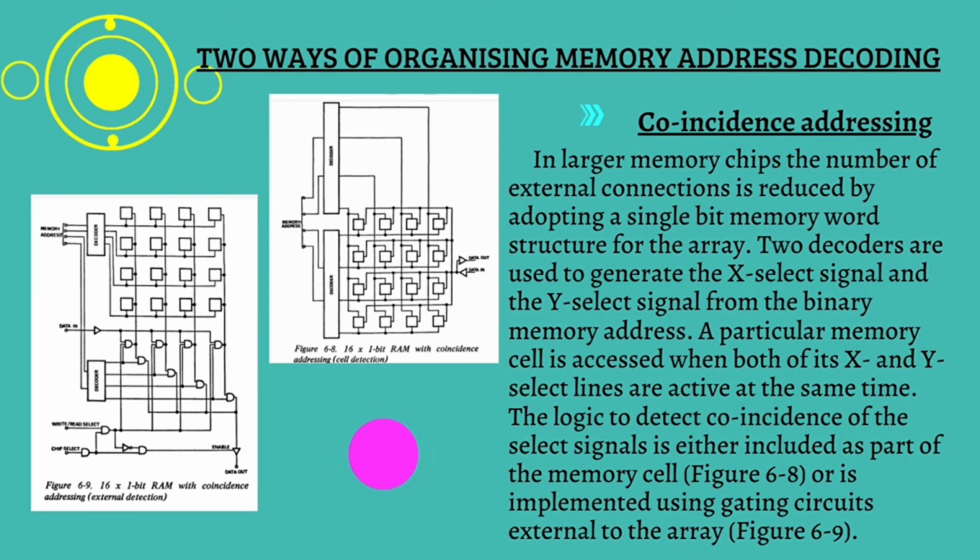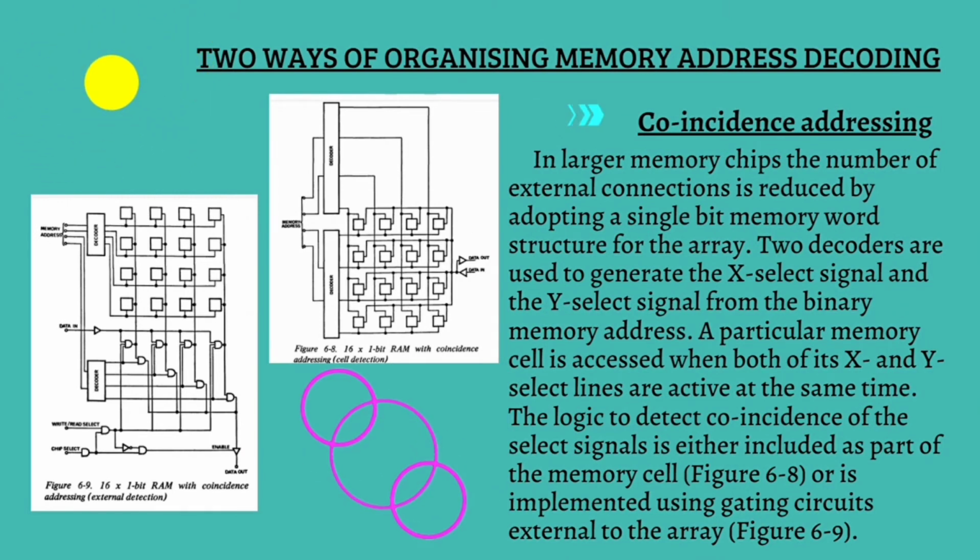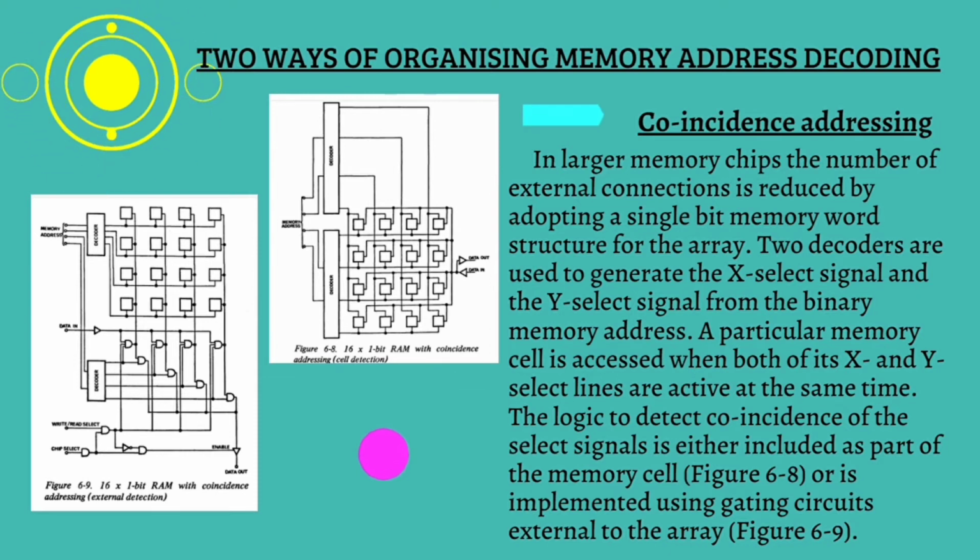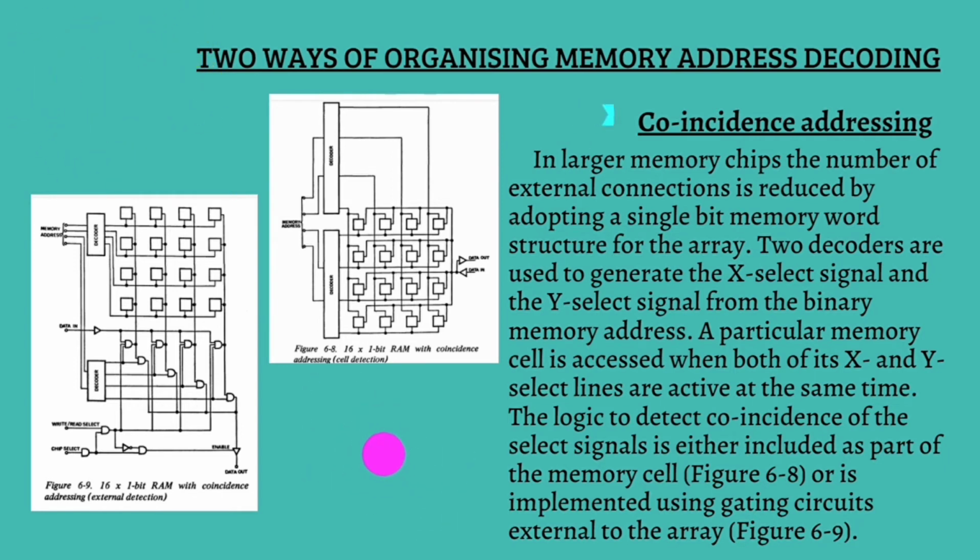Coincidence addressing. In larger memory chips, the number of external connections is reduced by adopting a single bit memory word structure for the array. Two decoders are used to generate the X select signal and the Y select signal from the binary memory address.